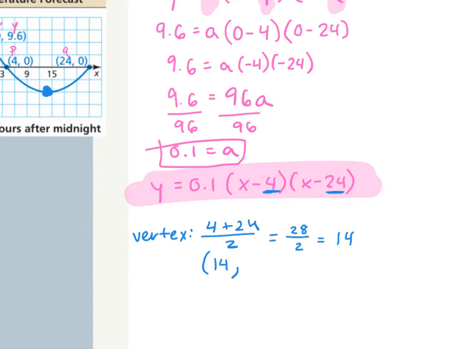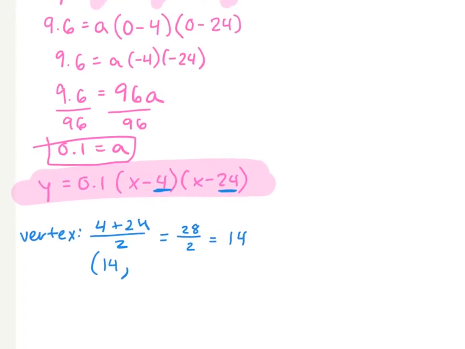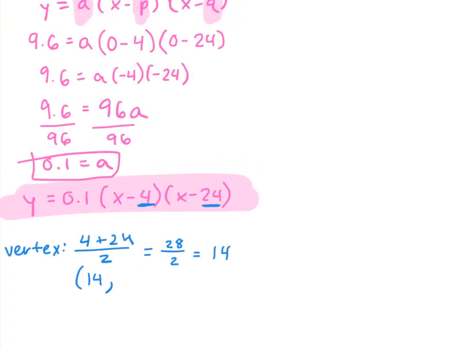How do we find the y value in our vertex? Plug it in. So we plug 14 in for our x's. So we have y is equal to 0.1 times 14 minus 4 times 14 minus 24.